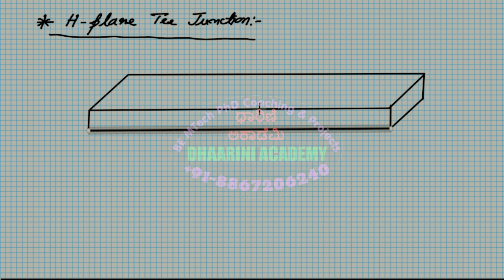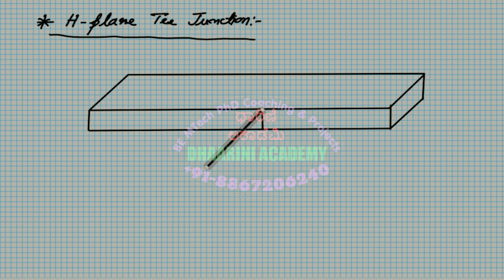Assume that a hole is made over here, and from this point we connect another part. This is what you call a side arm, drawn from this side, something like this.